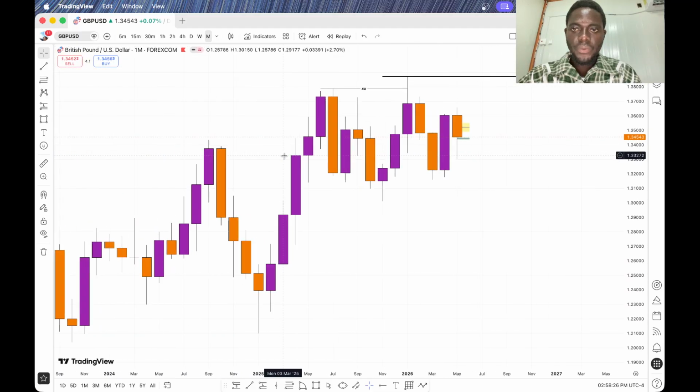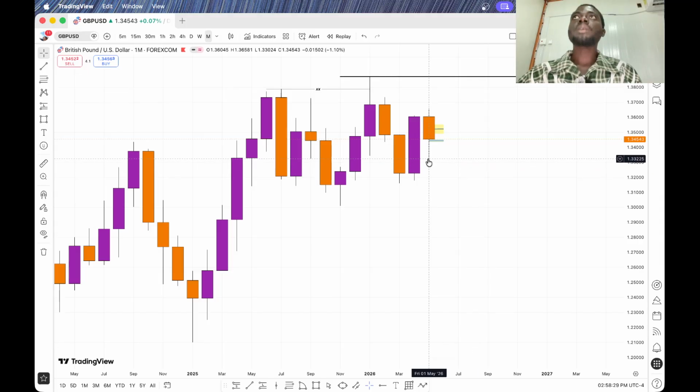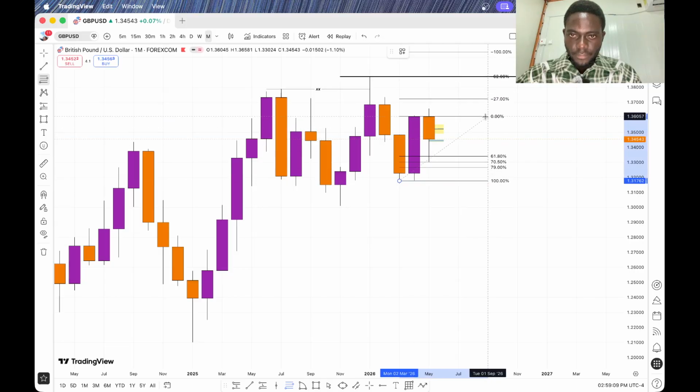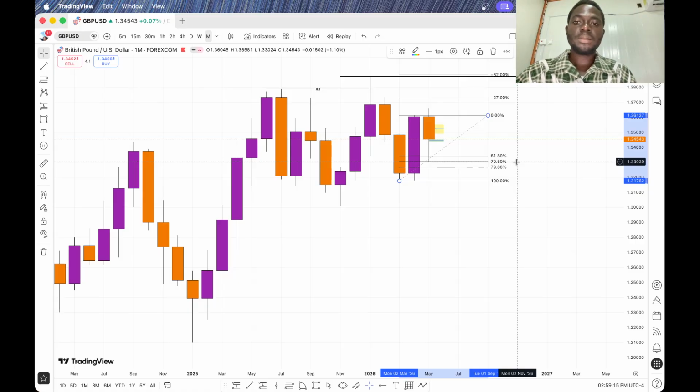Okay, so for the monthly, this month's candle went or played inside the previous month's candle, played all the way to 70% of the previous month's candle before retracing upwards.